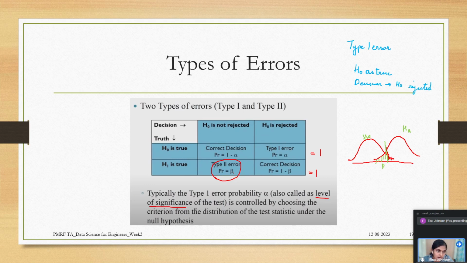You had to accept the null hypothesis, but it is rejected. So that is one type of error. When your null hypothesis is true, you have to accept it, then only it will be the correct decision. If that is not done, then there will be an error.